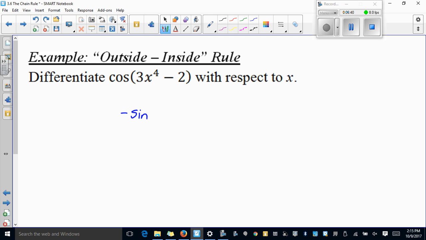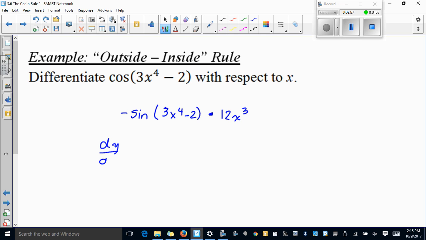So dy dx is equal to negative 12x cubed times sine of (3x to the 4th minus 2).